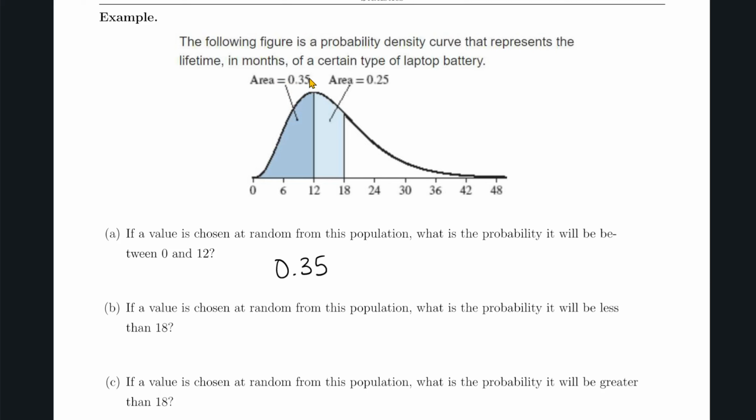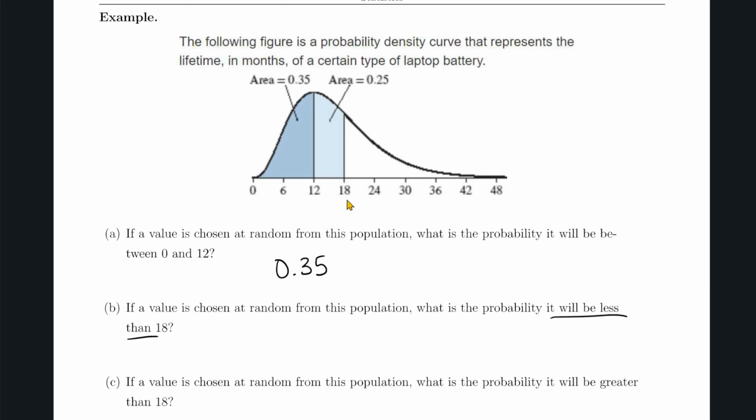Now our next question, if a value is chosen at random from the population, what's the probability it will be less than 18? So if you think about what values correspond to less than 18, that's from what to what for this graph. We're interested in values less than 18, but our smallest value on the graph is 0, and then up to 18.